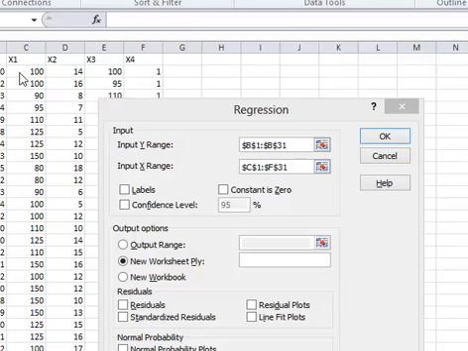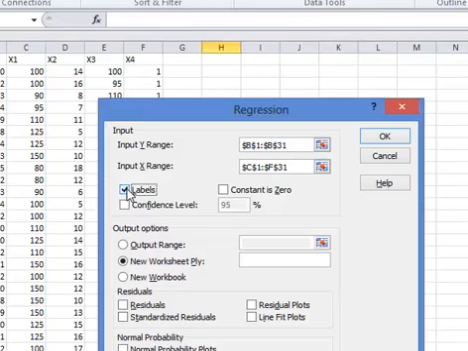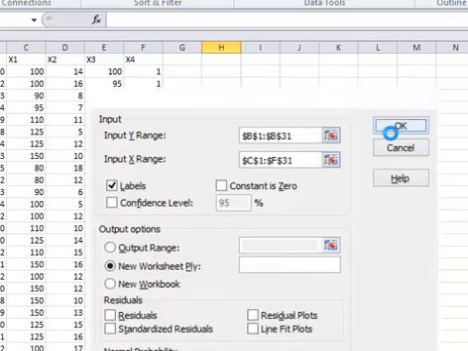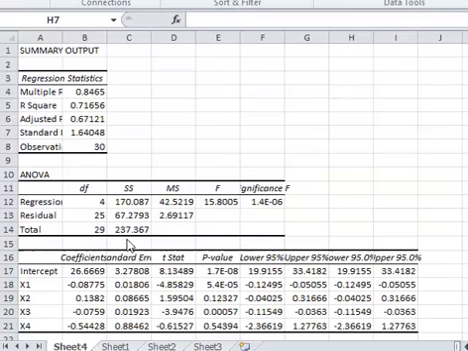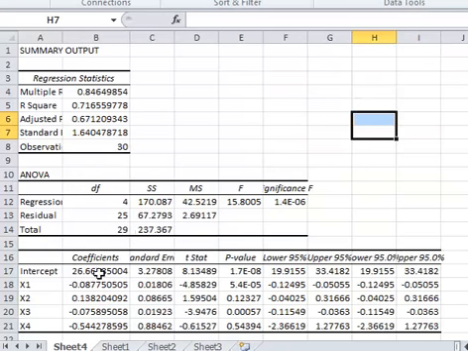That is from C1 to F31. Then click Labels, then click New Worksheet, then click OK. Then you will get a regression summary output based on the data collected.